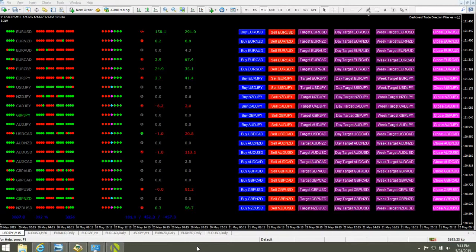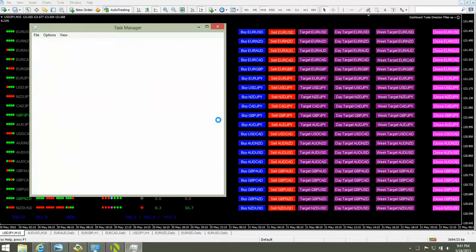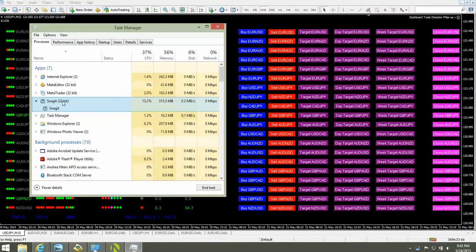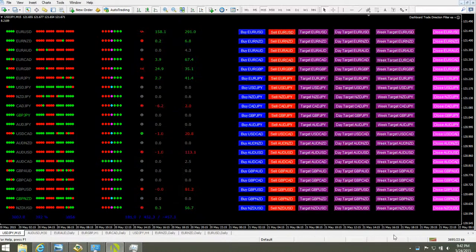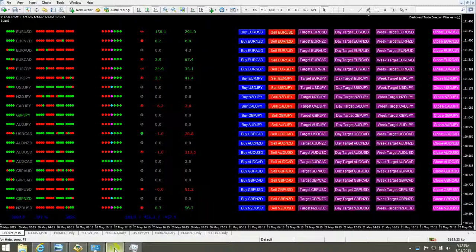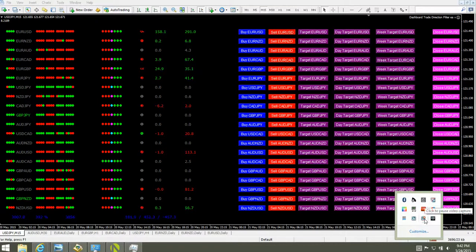Task Manager. And Snagit, it's running. Oh, you know what? I bet you it's down here. Yeah, right there. Where is Snagit at?